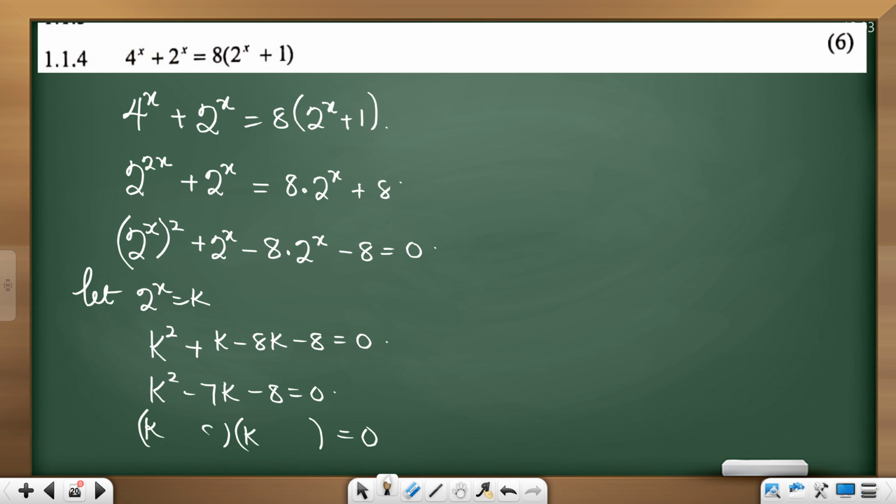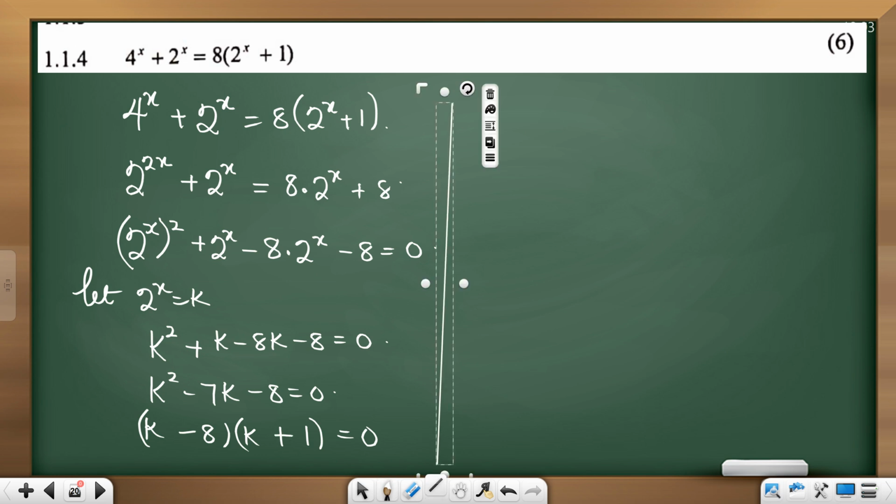So what are my factors? 8 and 1. It is minus there and plus there. I hope it makes sense. That's why it's 6 marks. k therefore is equal to 8, or k equals negative 1. But what is k? That's the question we need to ask ourselves.